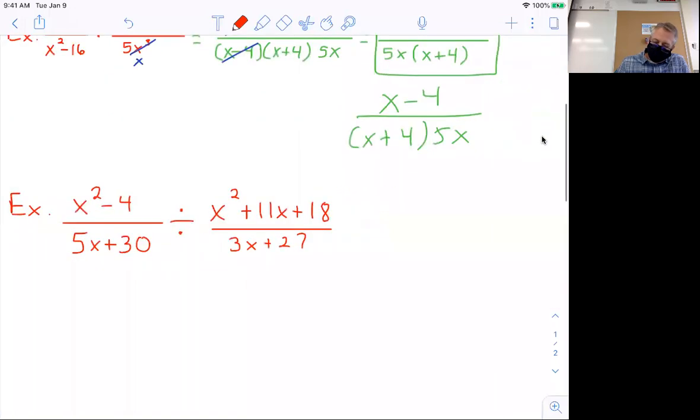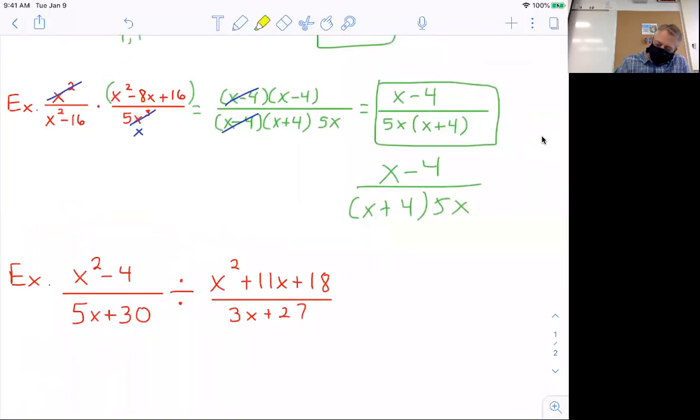Now notice this one is divided by as opposed to multiplied by. So what we do with that, if we're dividing by a fraction, is we just flip over the right side. So I'm just going to take the top and put it on the bottom and the bottom and put it on the top.